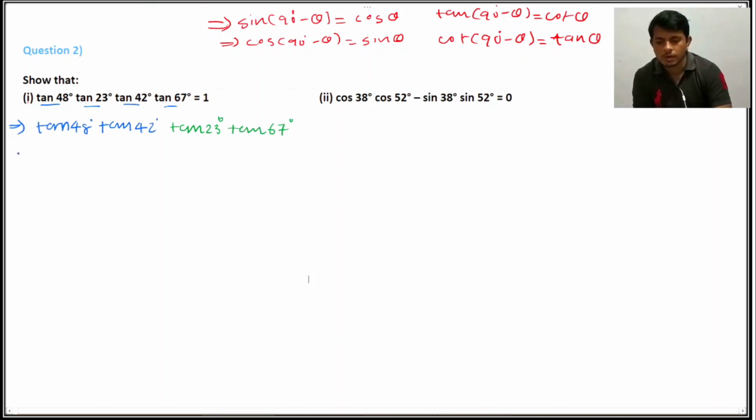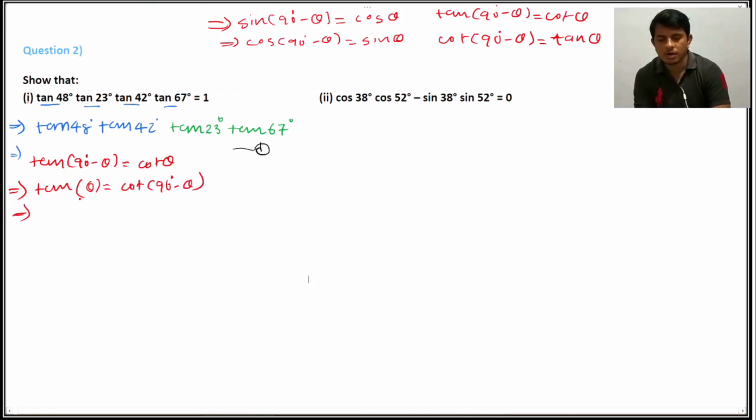Let me name this equation number 1. Now we already know a relation: tan 90 minus theta is equals to cot theta. So we can also write tan theta is equals to cot 90 minus theta.